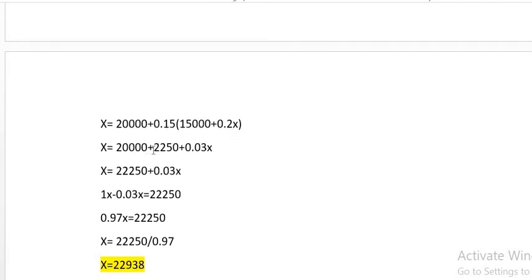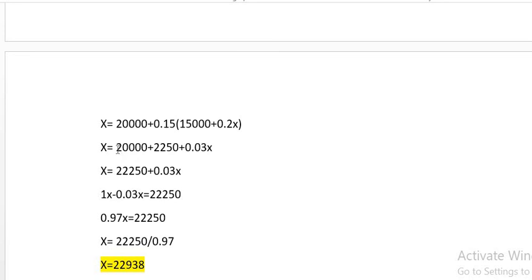So X is equal to 20,000 plus 0.15 into the bracket, which means we have to multiply. 0.15 into 15,000 comes to 2,250. Then write the same, plus 0.15 into 0.2X, which means 0.03X.